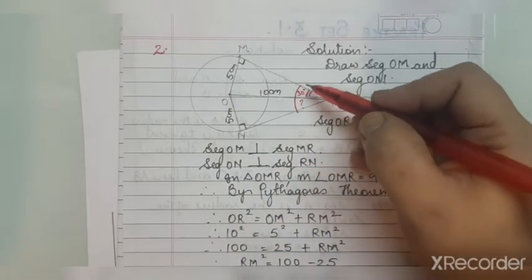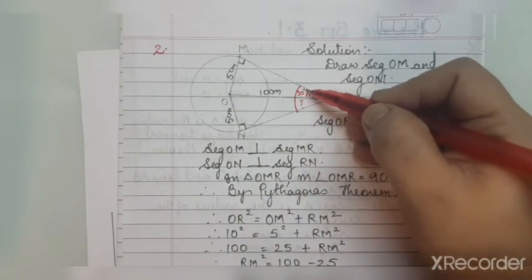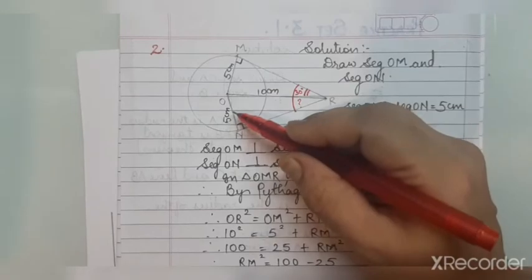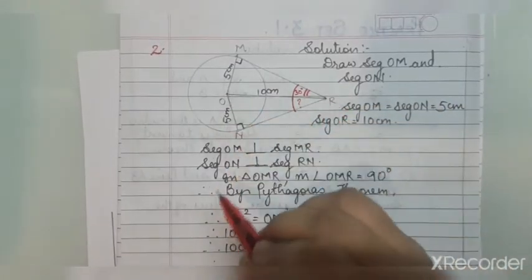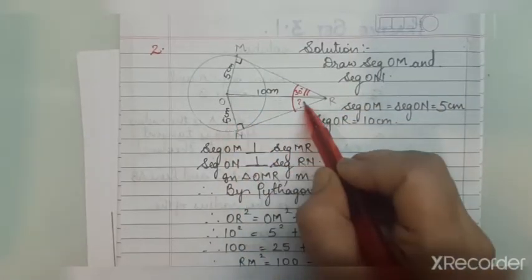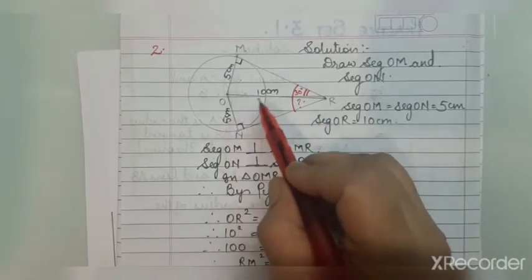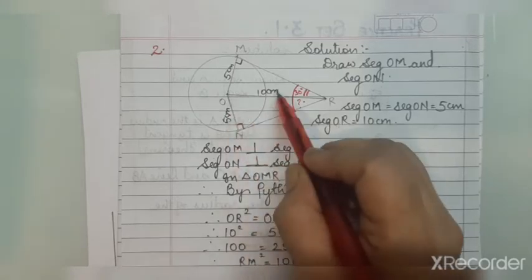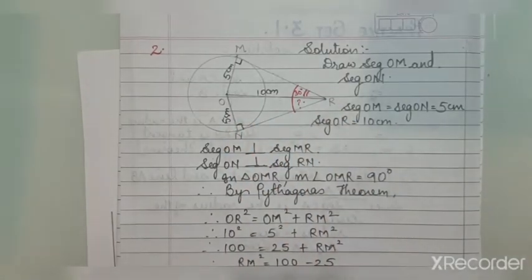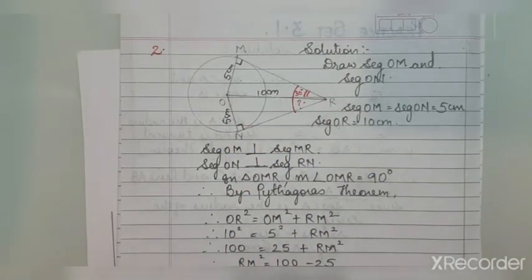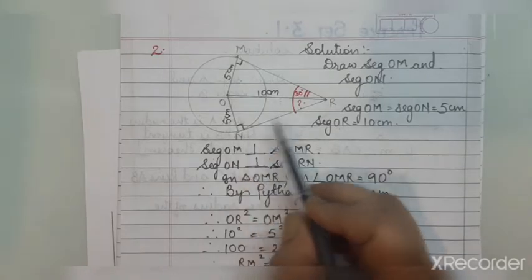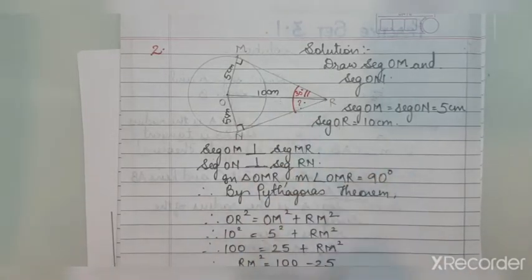Okay, so similarly, how we solved for MRO, same way for NRO also we can say that NRO is the angle opposite to a side which is half the hypotenuse, 5 and 10. Okay, so we don't need to solve actually, but we'll write similarly NRO is also 30 degree.